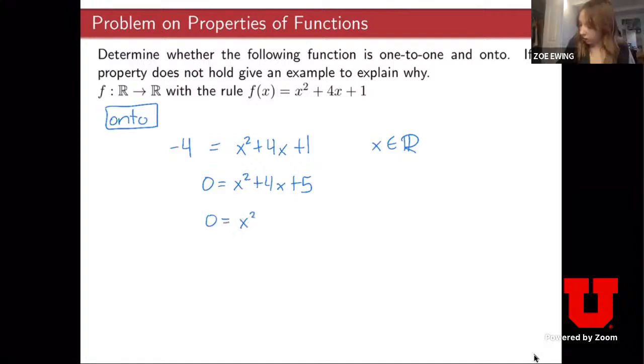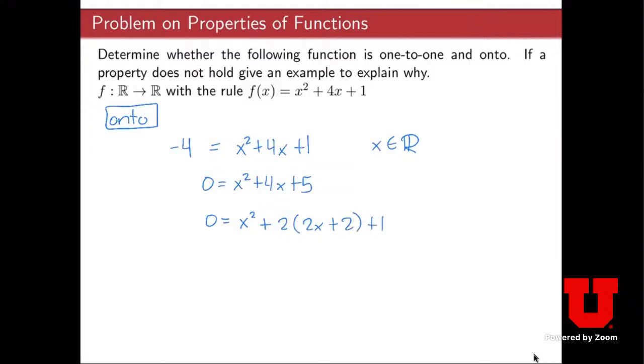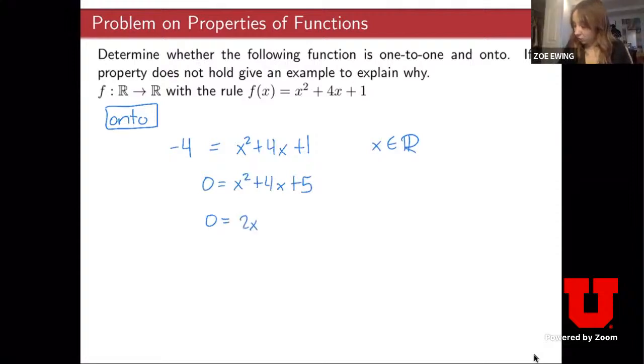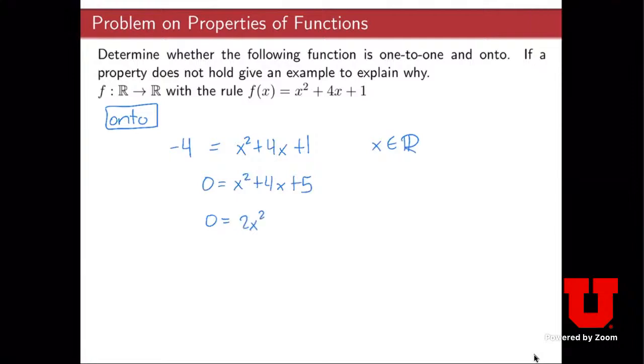So x squared plus 2 times 2x plus 4 plus 1.